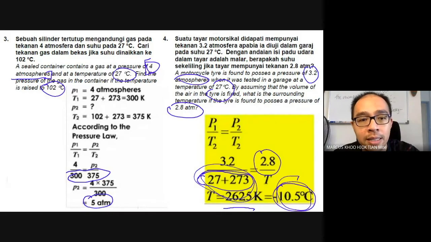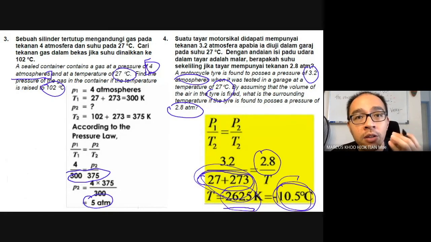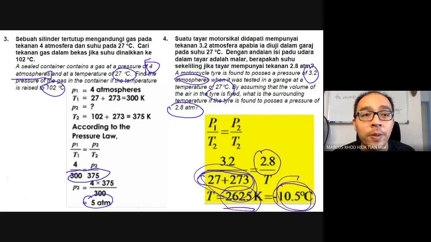If you give me the answer 262.5, then I will ask you 262.5 what? Ringgit? Maggi mee? Fruits? Give me the unit, because a number without a unit in physics is meaningless. If you just give me a number, totally no meaning.